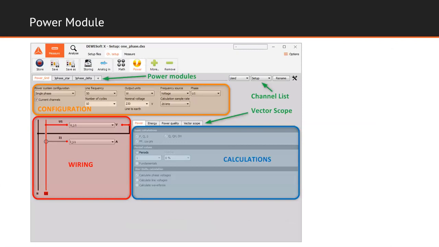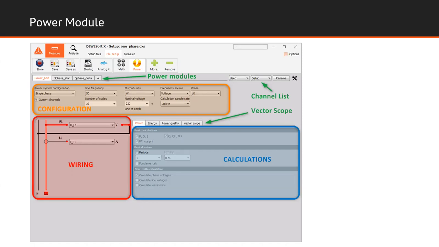On the top, we can add more power modules, then we can do basic configuration, single phase, DC, and so on. The line frequency can be changed, the output unit can be changed, the voltage source, the frequency source, which analog input the frequency should be calculated from, and the number of samples can be changed.